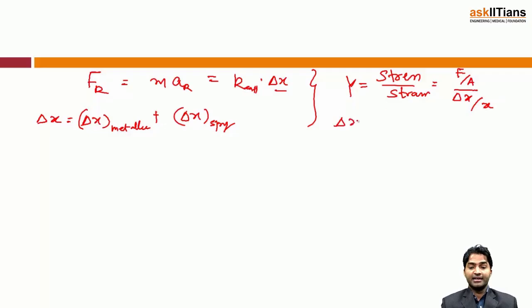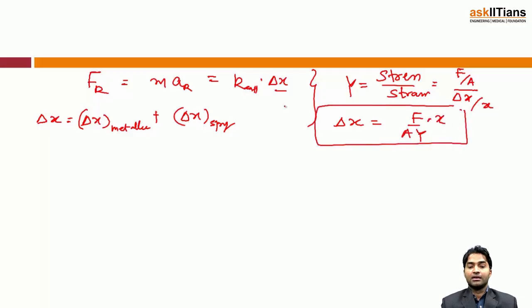In this way, we get Δx = (F/A)·(x/Y) for the wire. In the case of the spring, Δx = F/K, because the force is the same as it is a series phenomenon. So the total is F/K + Fx/(AY). Now this is the value of Δx.